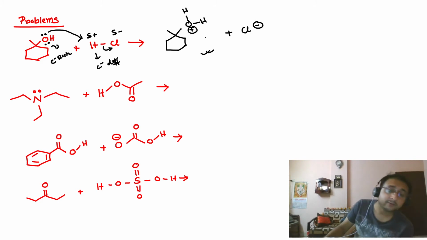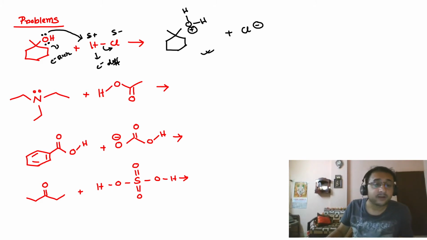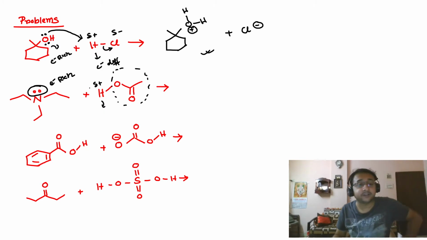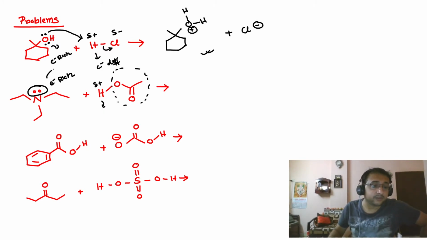So this is nothing but a type of acid base reaction which is shown by this type of curved arrow notation. Similarly, if you see this reaction, nitrogen has a lone pair of electrons, so basically this is an electron rich center. On the other hand, this hydrogen atom, due to the inductive effect of this whole group, will have a partial positive charge created on it. So electrons will be transferred from nitrogen to hydrogen, and this bond will be broken.